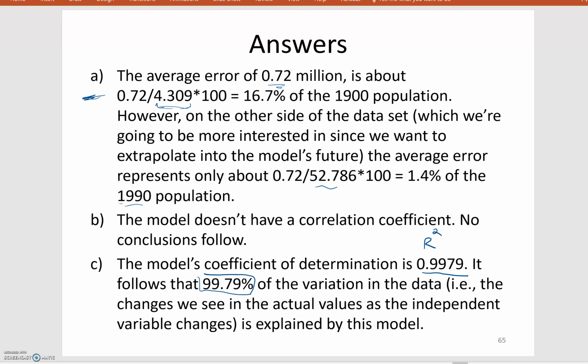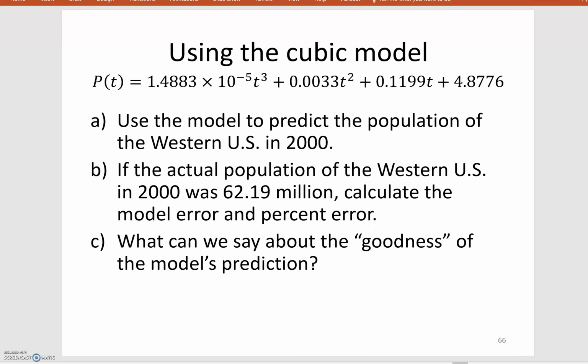And remember, what that means is that this percent of the variation in the data is explained by the model. So 99.79% of the changes we see in the actual values as the independent variable changes is explained by the model. So that's good. That is good.